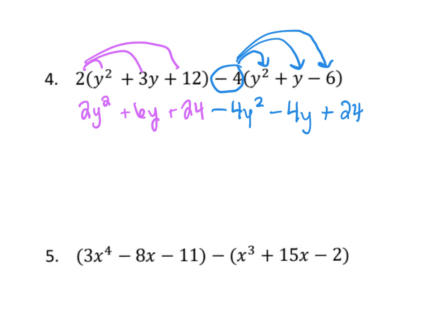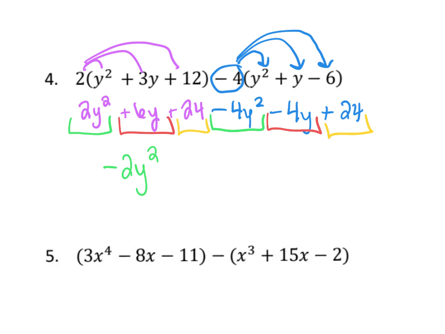So now from here, I'm going to combine my like terms. So I have 2y squared, negative 4y squared. I have a 6y and a negative 4y. And I have 24 and 24. So 2 minus 4 is negative 2y squared.